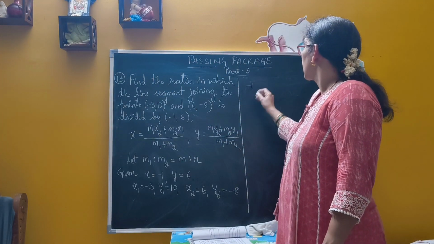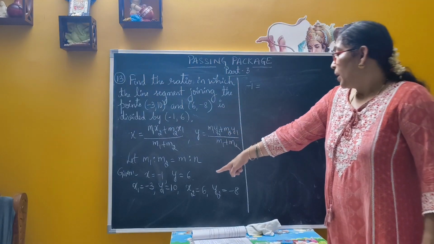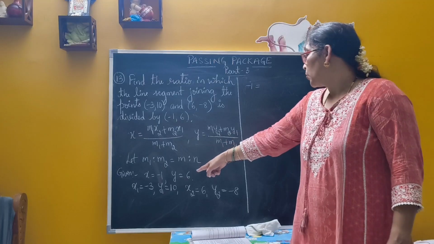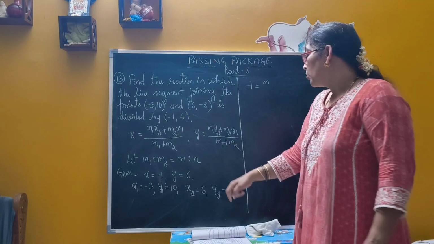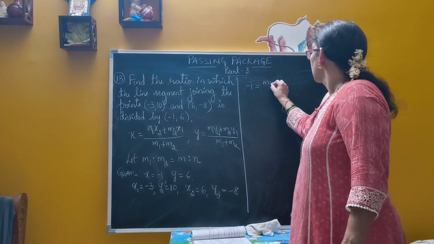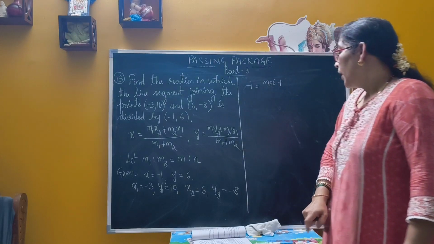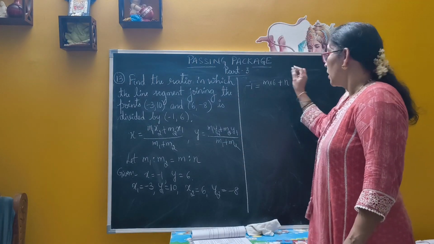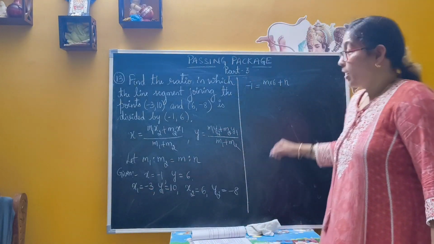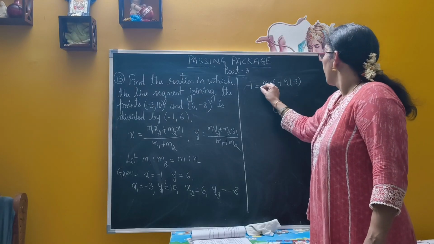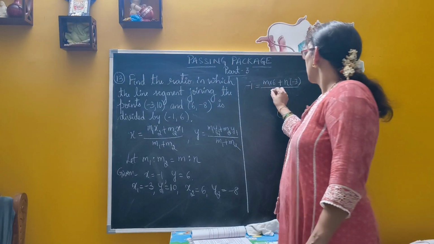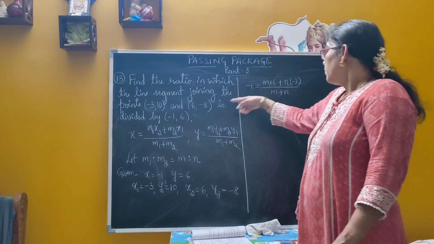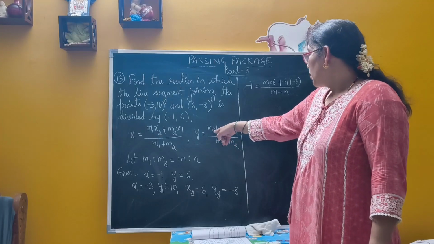So minus 1 is equal to m into x2, which is 6, so m into 6, plus m2 x1. m2 is n, so n into x1, which is minus 3, divided by m1 plus m2, that is m plus n. Substitute like this. For y, we substitute the values in the same way.